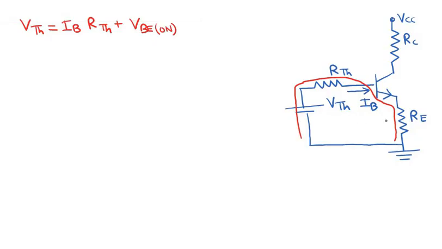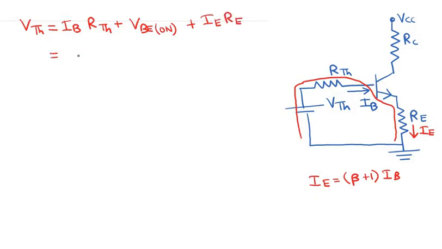Then the voltage drop across this resistor RE. Note that a current of magnitude IE is flowing through this resistor RE, and IE is equal to beta plus 1 times IB. So plus IE RE.